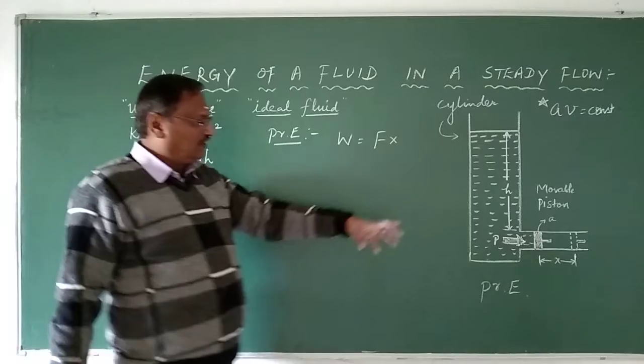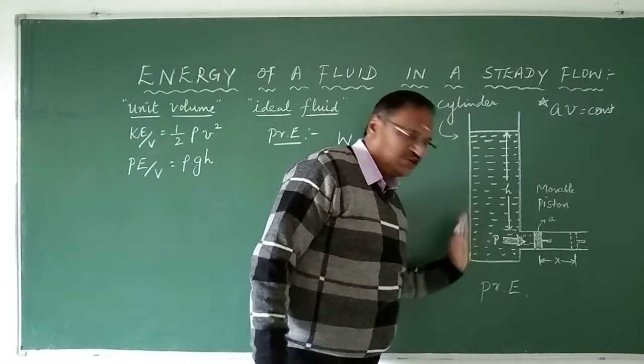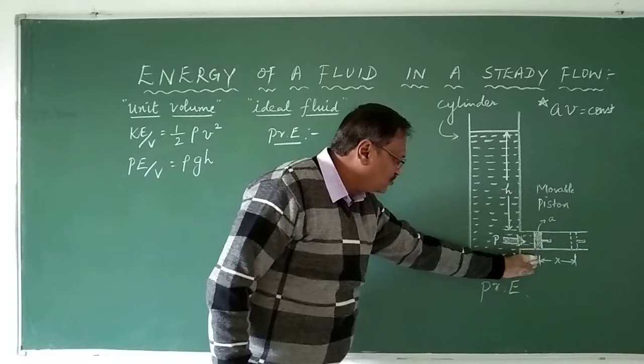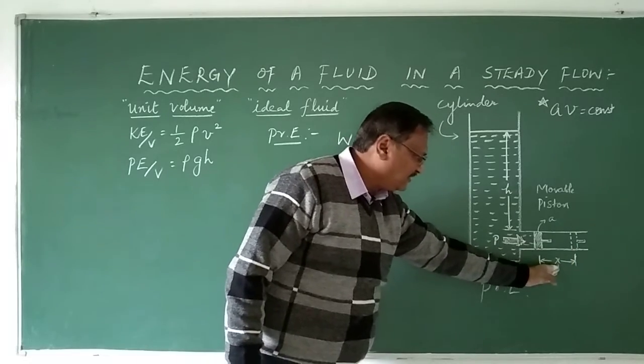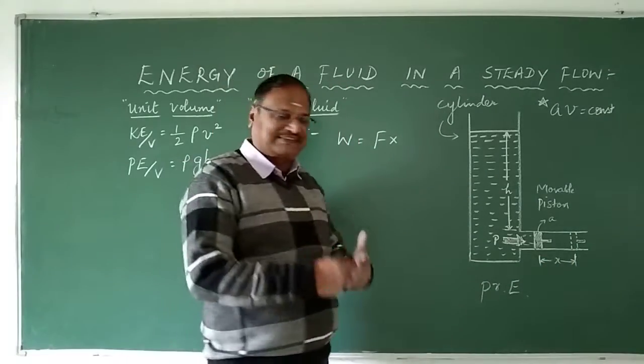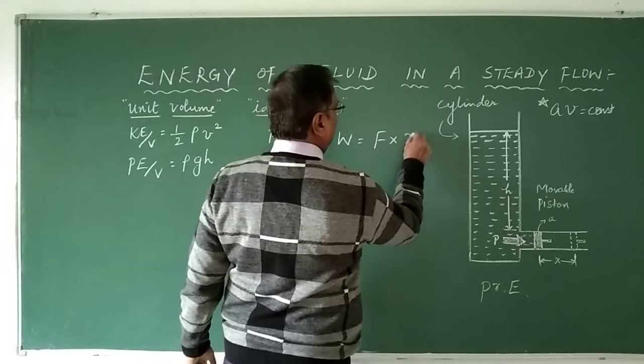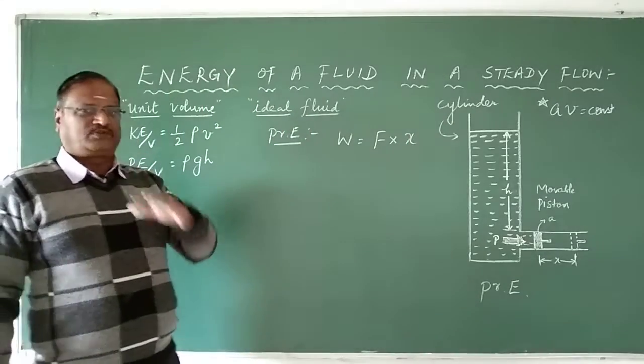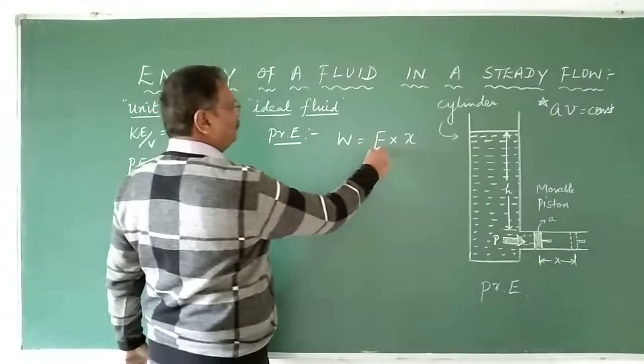What is displacing? The liquid is applying a pressure, sideway pressure, right? And the piston is moving from here to here. The distance traveled by that is x. So, multiply by x. We are talking about pressure. So, how do we connect pressure with force?